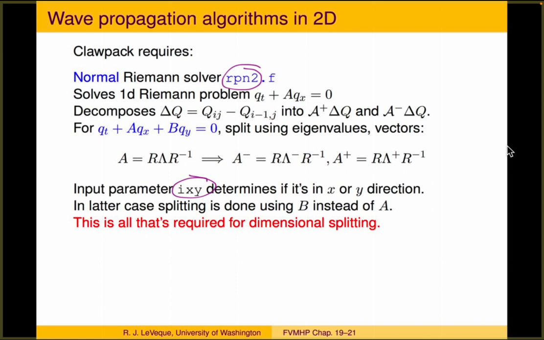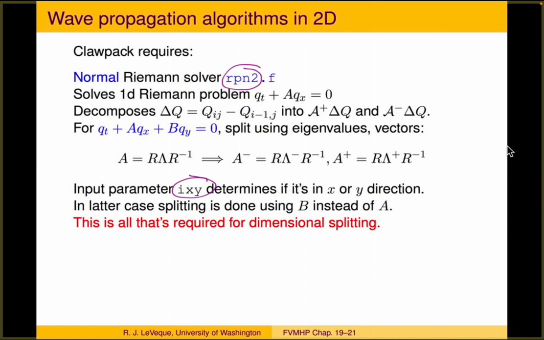Typically it's very similar formulas. If it's an isotropic system like acoustics or gas dynamics or the shallow water equations, what you do in the x direction and the y direction are essentially identical, except you use a different component of the velocity. And so they're combined into a single Riemann solver with this parameter that tells what direction you're doing things in.